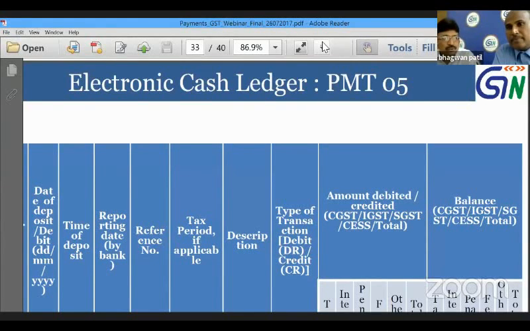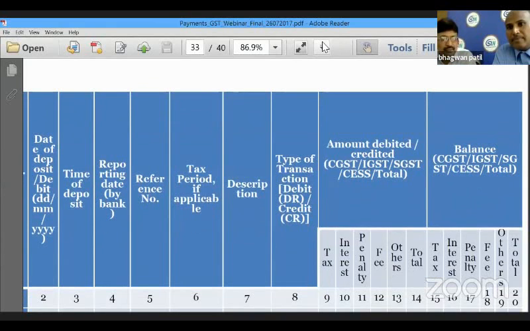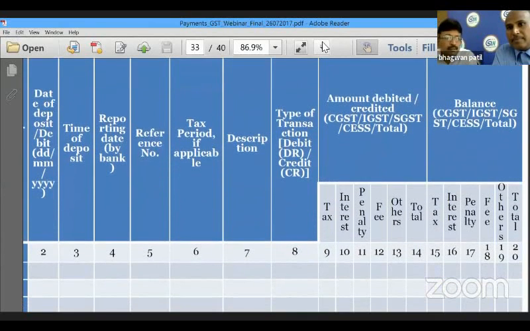In the T+1 morning, when GSTN gets the e-scroll from the RBI, it again reconciles your transaction, and if the data in the e-scroll is different from what was received from the bank, then it will be an issue of memorandum of error.